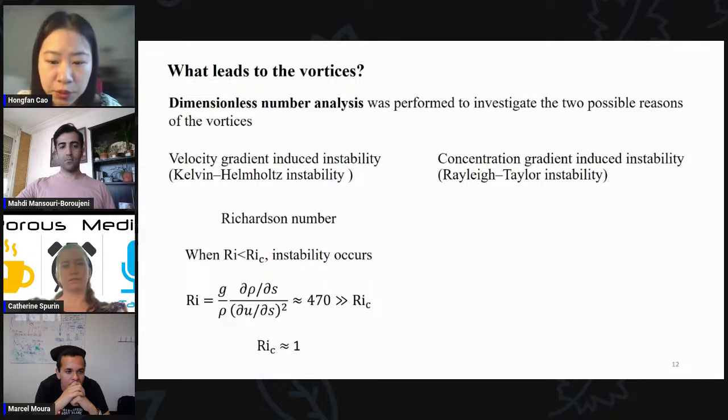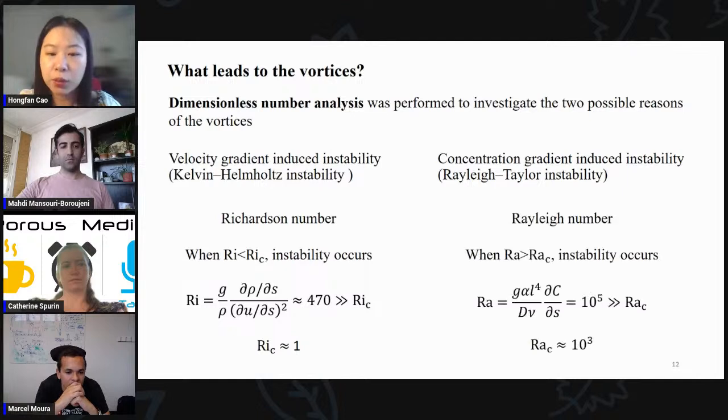However, the Richardson number in our system is much larger than the critical Richardson number, which means the vortices are not caused by the Kelvin-Helmholtz instability. Then we calculated the Rayleigh number, which is the dimensionless number that shows when the Rayleigh-Taylor instability occurs. We found the Rayleigh number in our system is much larger than the critical Rayleigh number, so we think it's Rayleigh-Taylor instability that leads to the vortices.